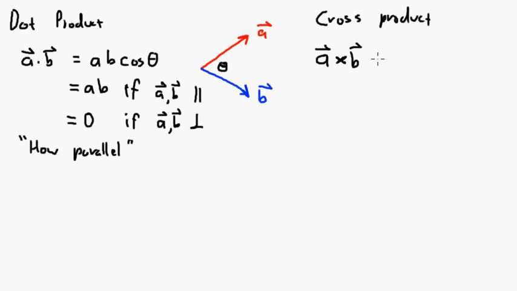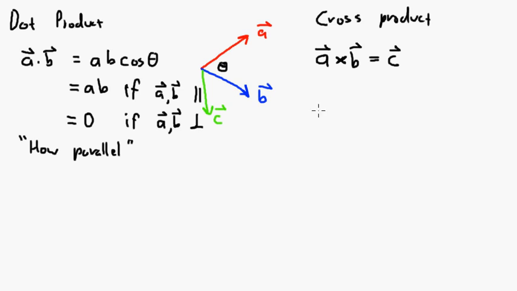The cross product, first of all, is a vector. The dot product is a scalar, but the cross product is a vector. I'm going to draw it like that, and there is the vector C. Actually, I've drawn that backwards, so what I'm going to do is draw this going downwards.